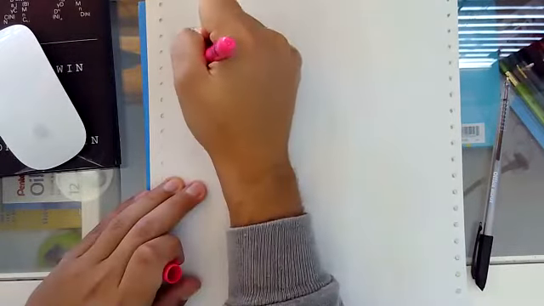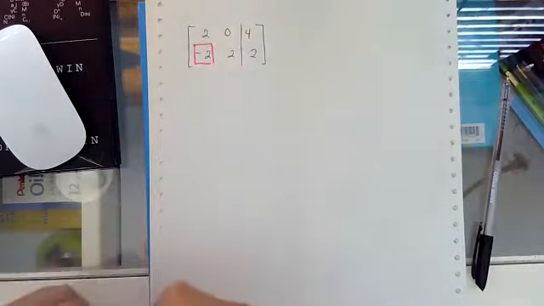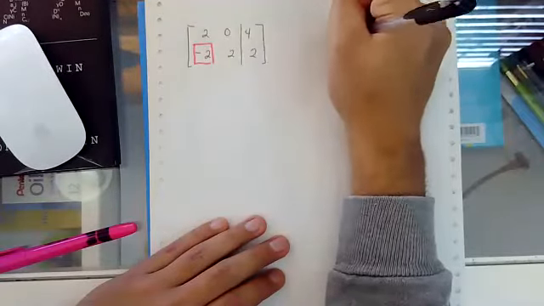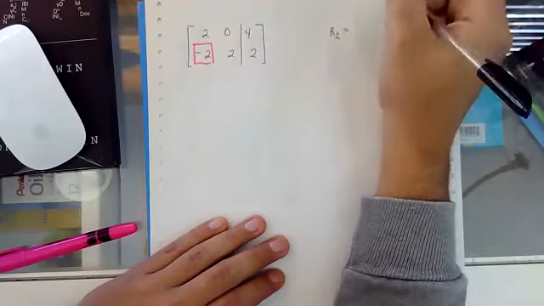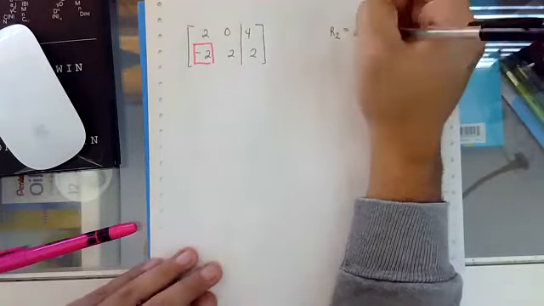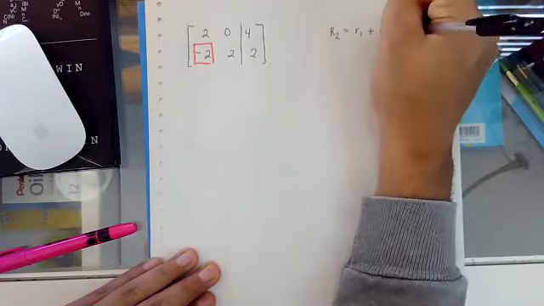Again, we wanted to eliminate this guy. So in order to do that, the new row 2 is going to be generated by taking row 1 and adding that to row 2 now.